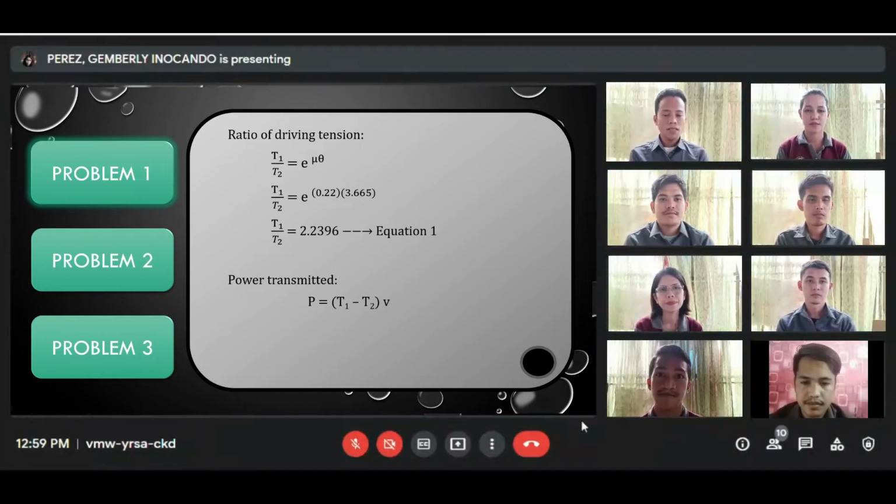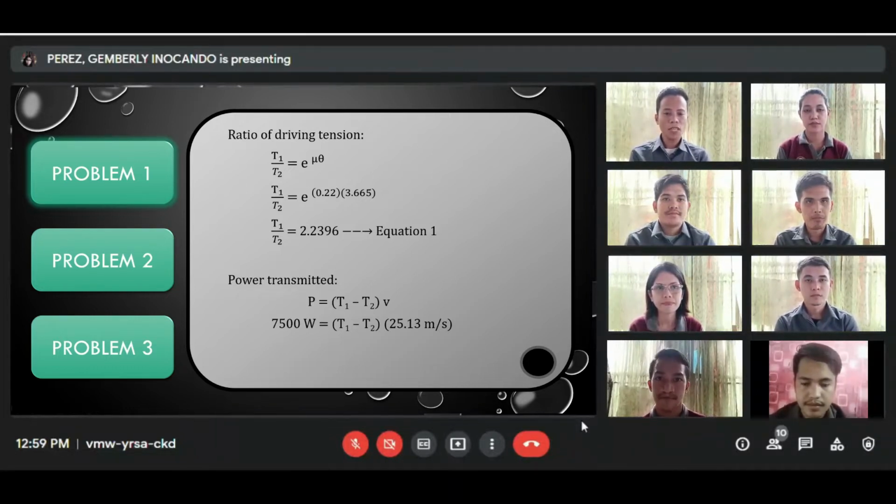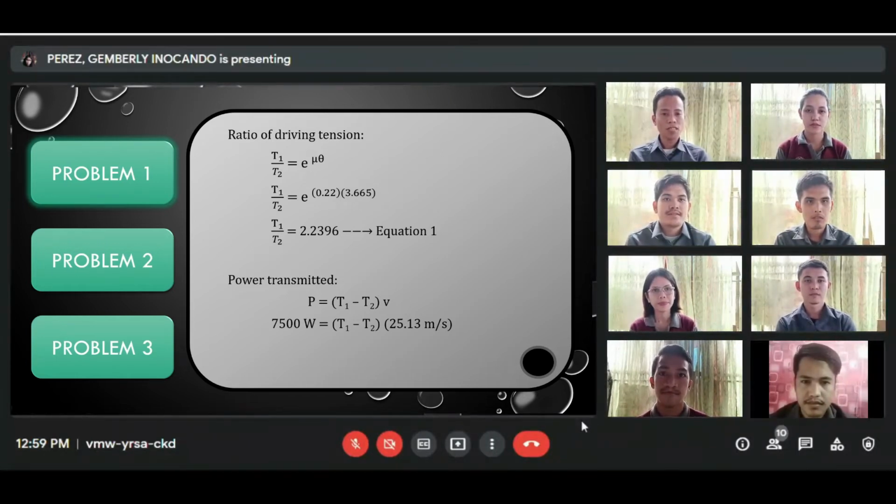Then we substitute the values: P equals 7,500 watts equals T sub 1 minus T sub 2 times the velocity, which is 25.13 meter per second.